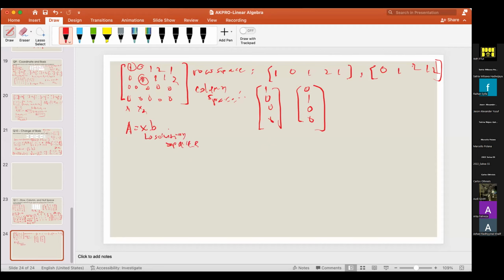And your null space is your solution space of AX equals B.